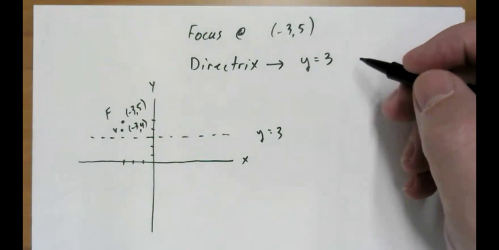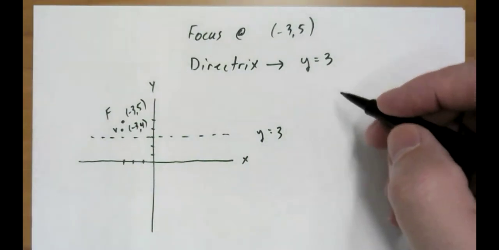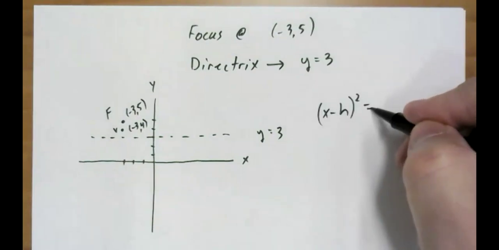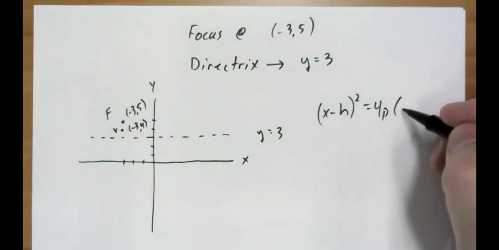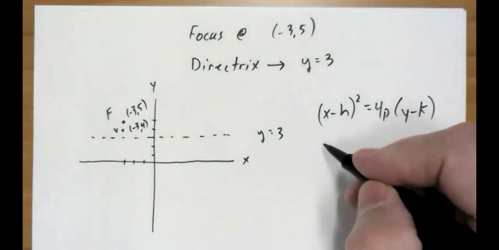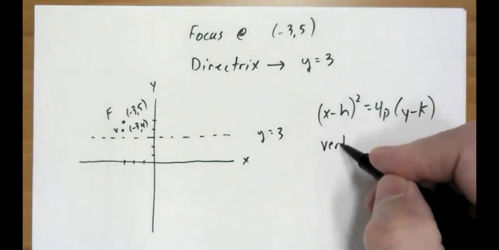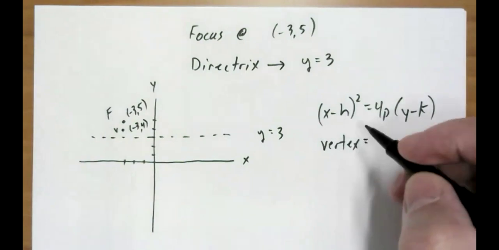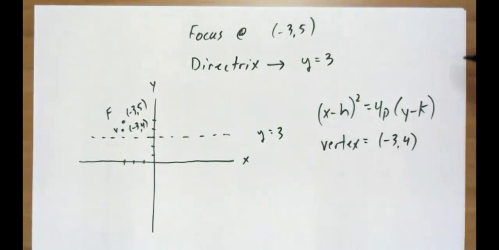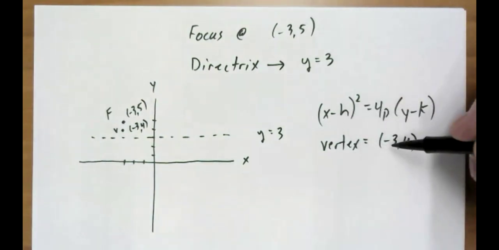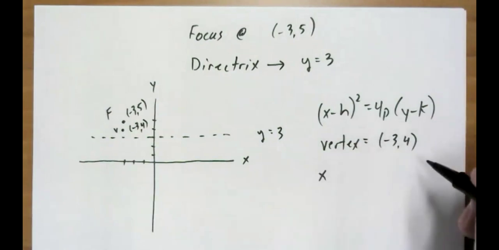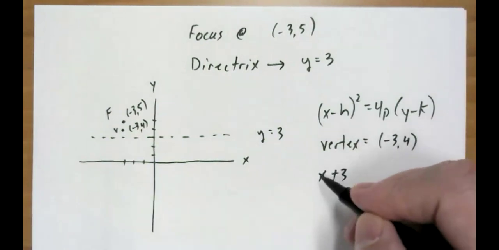So the standard equation for a parabola that opens up is going to be x minus h squared equals 4p times y minus k. So if the vertex in this case is -3, 4, then I put -3 in for h, I put 4 in for k, and then my equation.